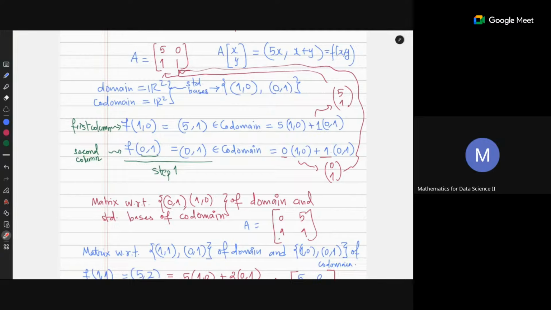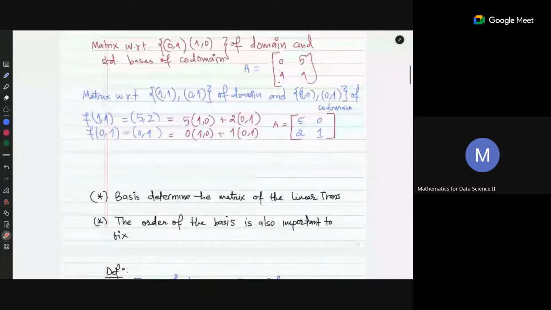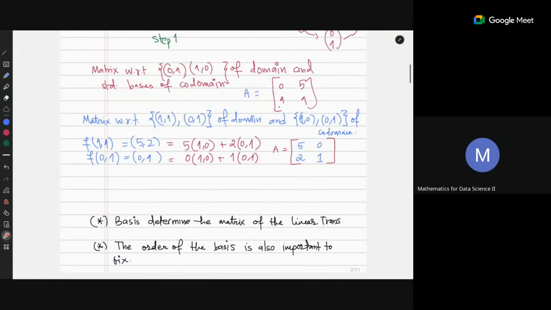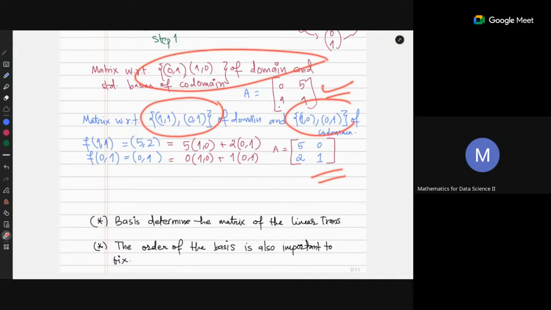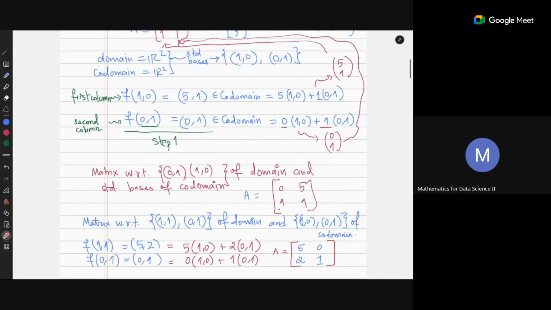So what we will be working with is ordered bases. That means you fix an order on the basis that we are working with. The matrix that we obtain depends on the ordered basis that we choose. As you saw, with one basis the matrix was different, and with the earlier basis the matrix was different.